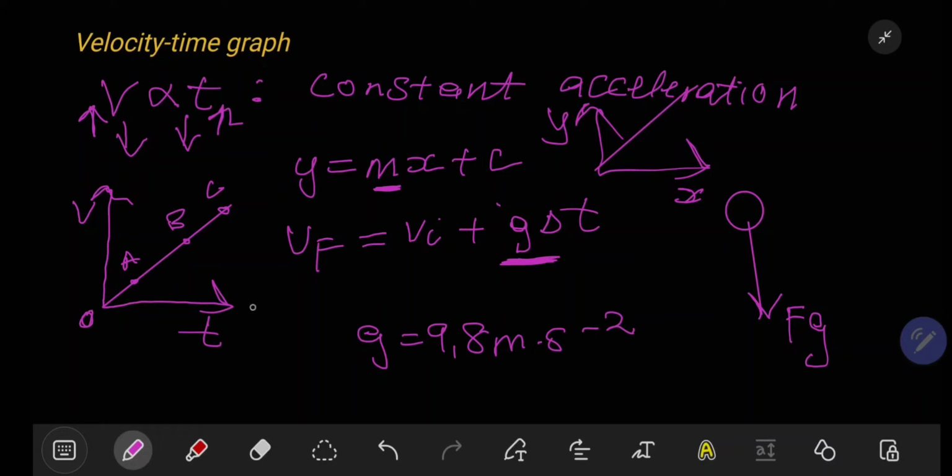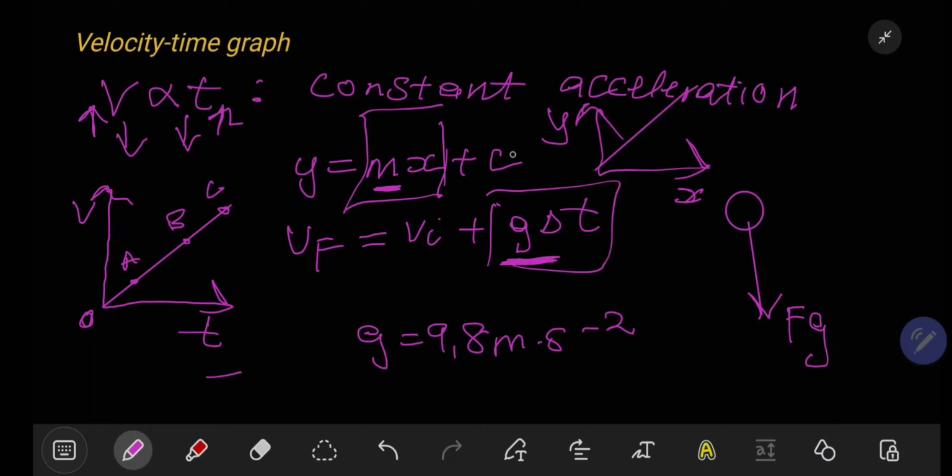Then when we look at it in physics, we have the constant, which is the gravitational acceleration, multiplied by whatever is on the x-axis, which is time, in this case. So you can see that this part here is similar to this part here. Then we have the c, or the constant, which we can call the vertical shift or the y-intercept.